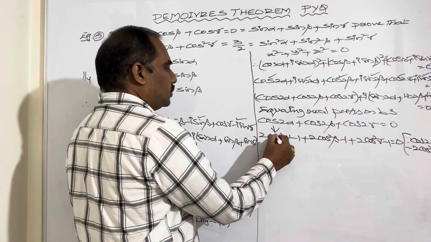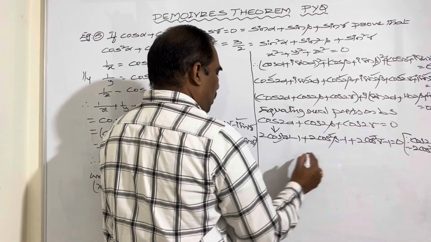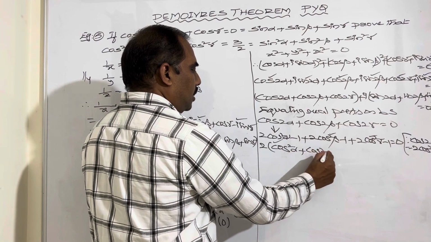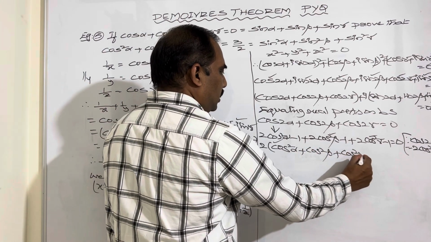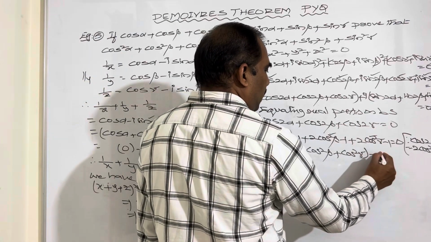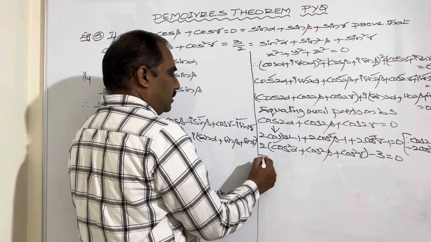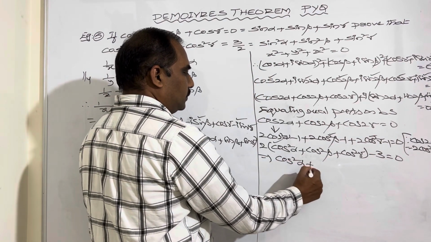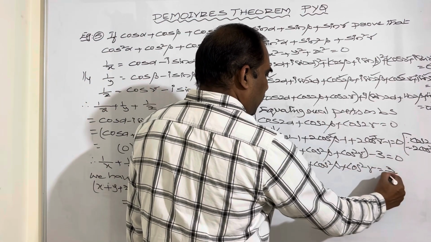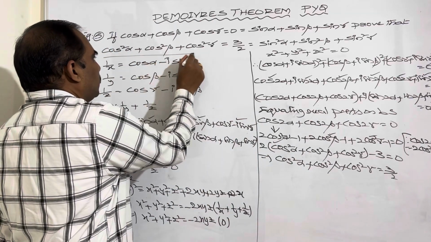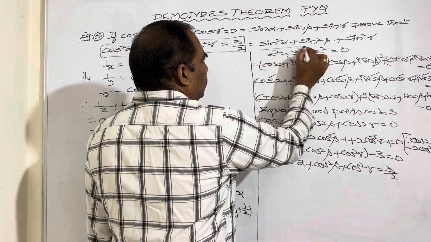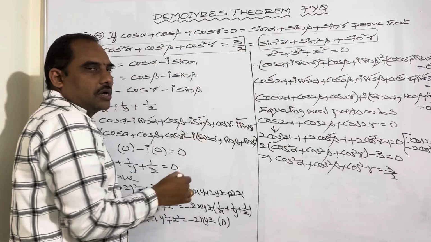If you take 2 common, then cos square alpha plus cos square beta plus cos square gamma minus 3, which is equal to 0. So finally cos square alpha plus cos square beta plus cos square gamma is equal to 3 by 2.